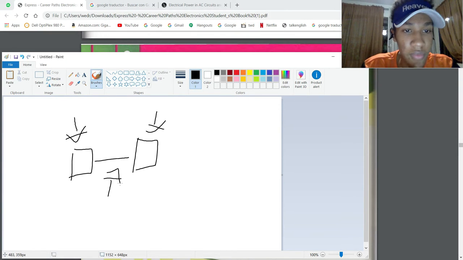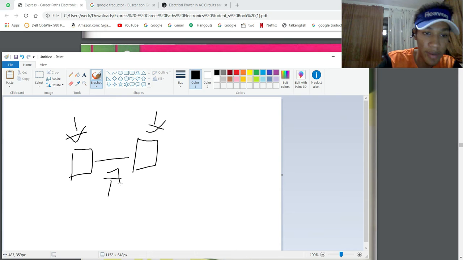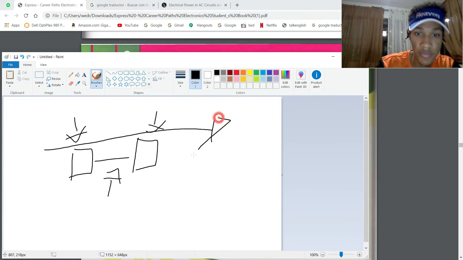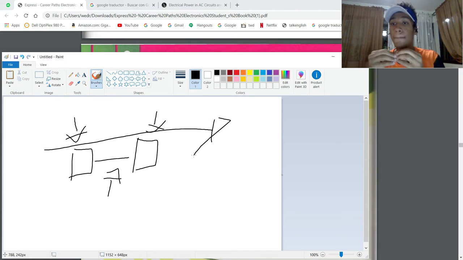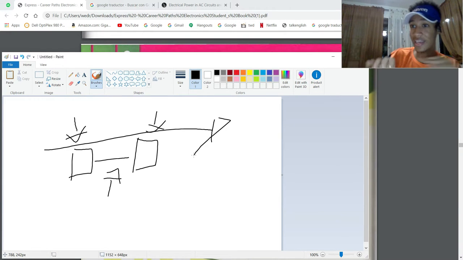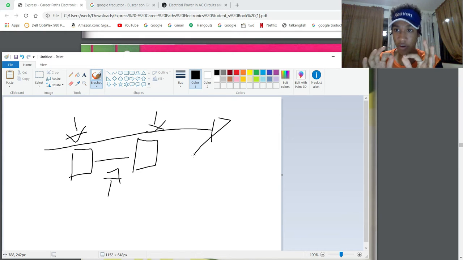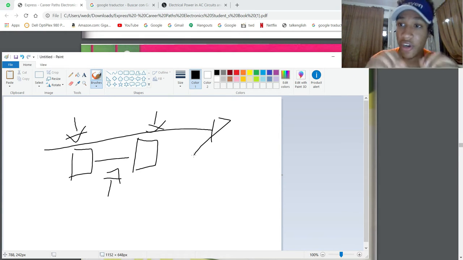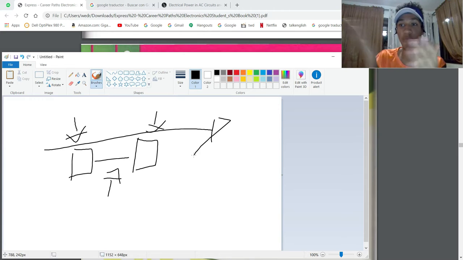So when you have high voltage, the current passes fast. So the piece of metal gets very hot, so it breaks. Broke.